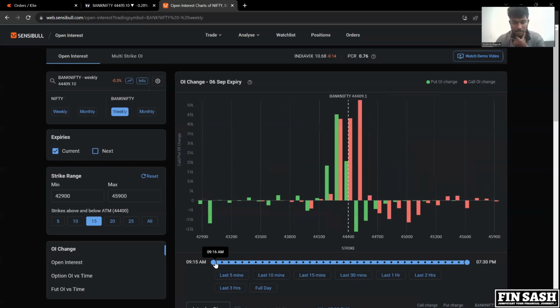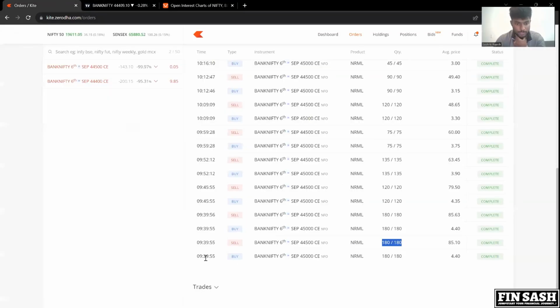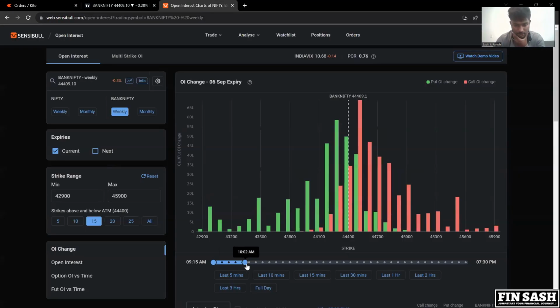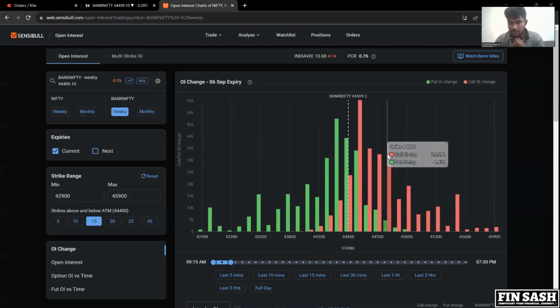Current expiry. When did we take the trade? 9:39, so let's go to 9:40. What we saw here was, do you guys see that the calls are more than the puts?